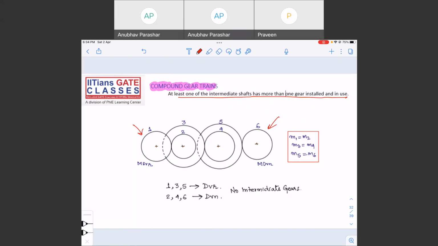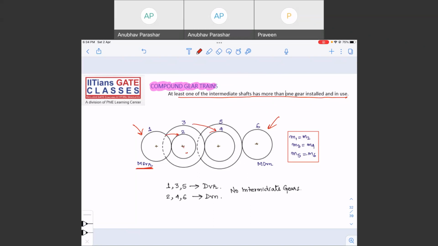So here you can see one is the main driver. One is driving two. 2 and 3 are on the same shaft. So 3 is driving 4. 4 and 5 are on the same shaft. So if 2 and 3 are on the same shaft, what is happening? If 2 is rotating, the shaft will rotate.